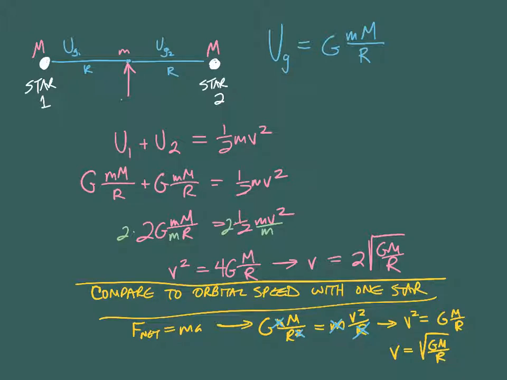I have double of this. So the orbital speed, remember we did this to figure out what it would be just to get it to go around the Earth in a perfect circle, is just the square root of Newton's constant times the mass of the big body over the radius of separation.